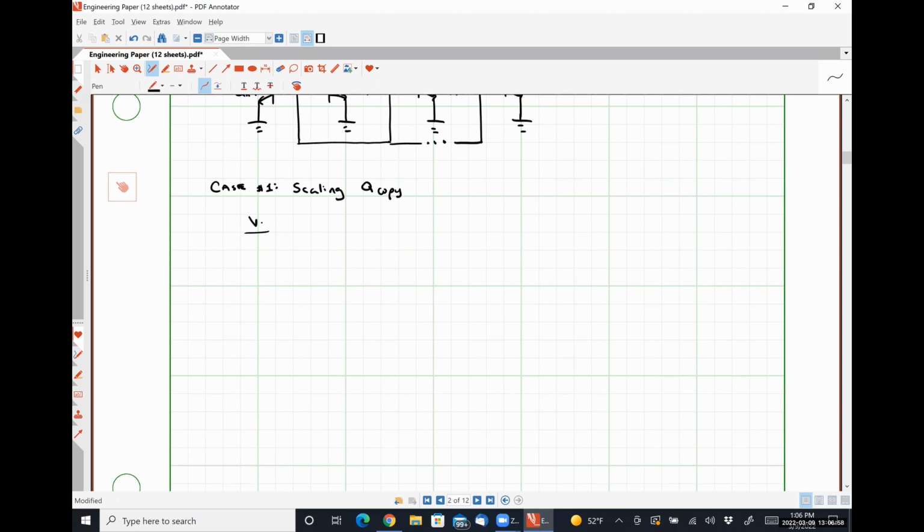So we take our basic current mirror, like so.